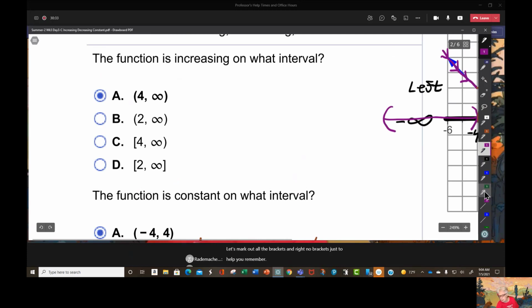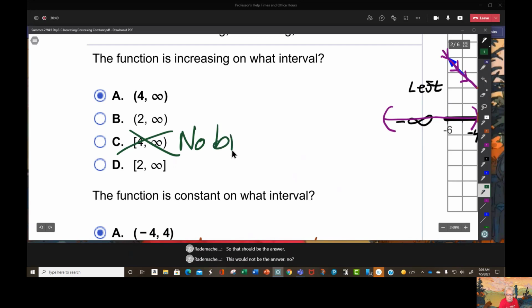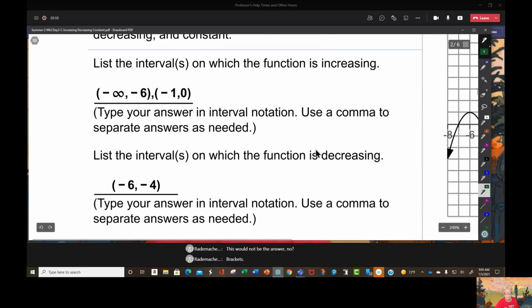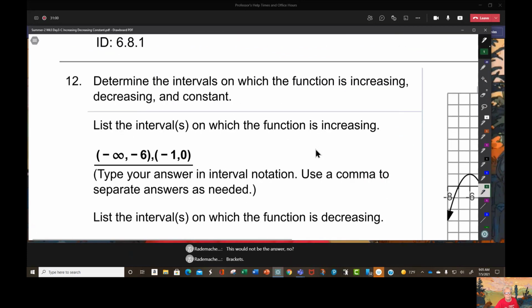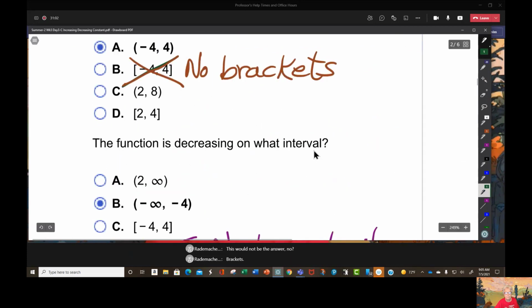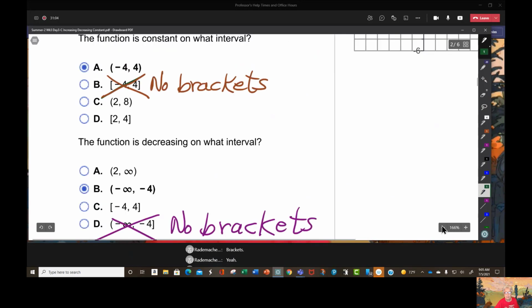And here in increasing, there's a bracket, so that should be the answer. This would not be the answer. No brackets. Okay, no brackets.